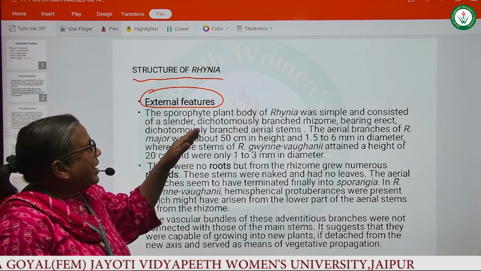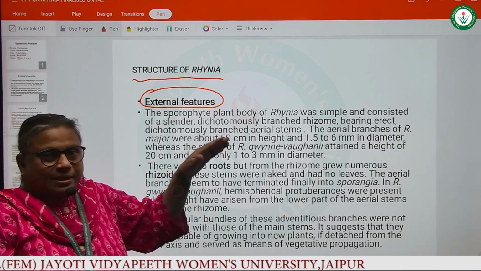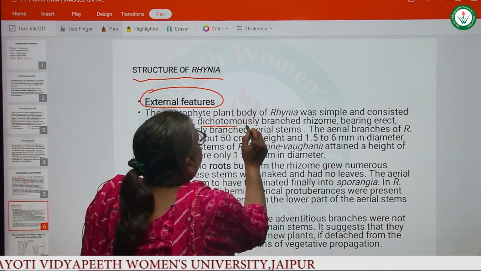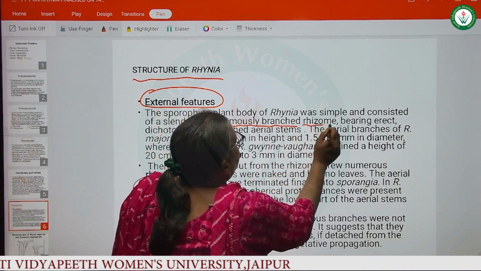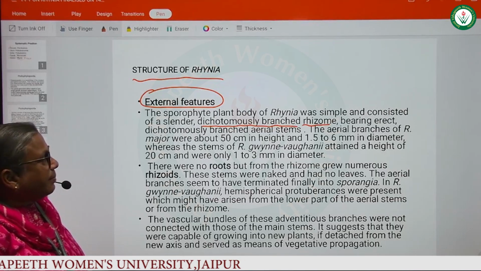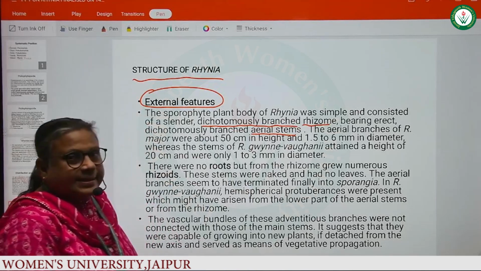The sporophyte plant body of Rhynia was simple and consisted of a slender dichotomously branched rhizome bearing erect dichotomously branched aerial shoots or aerial stems.